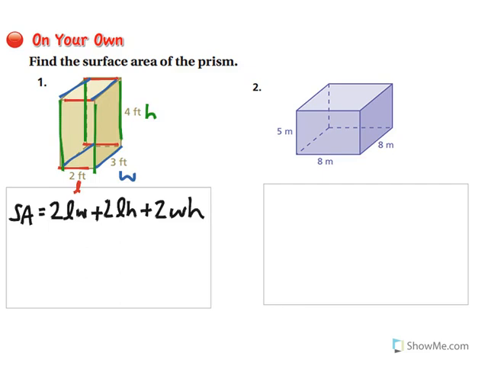Let's go ahead and plug in our information though. So I have 2 times my length is 2 and my width is 3, plus 2 times my length again is 2 and my height is 4, plus 2 and my width is 3 times my height is 4.